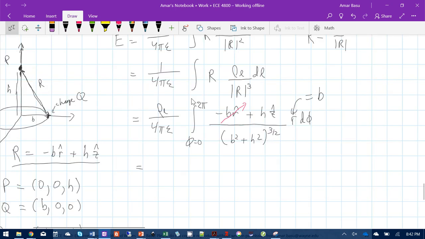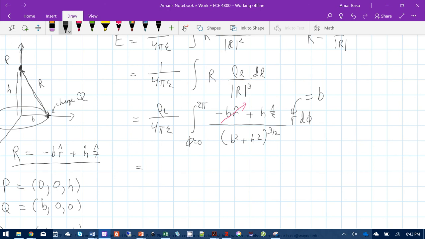We took the rho L and we moved it outside here because it's a constant. We have this r d phi here, and the radius is just going to be equal to b because we're at a constant radius. We're integrating around this ring of constant radius.